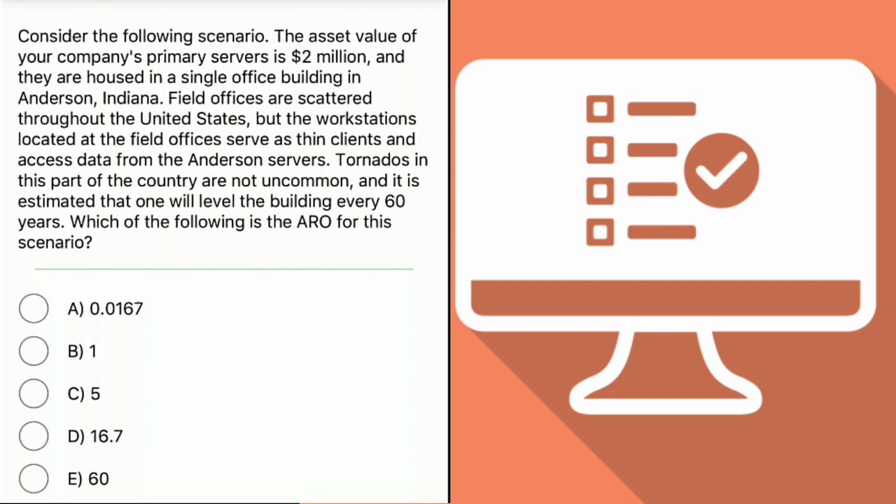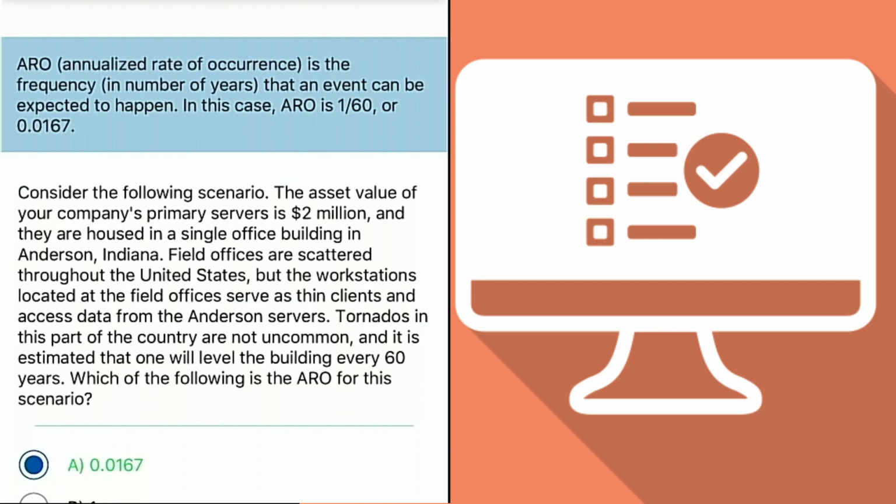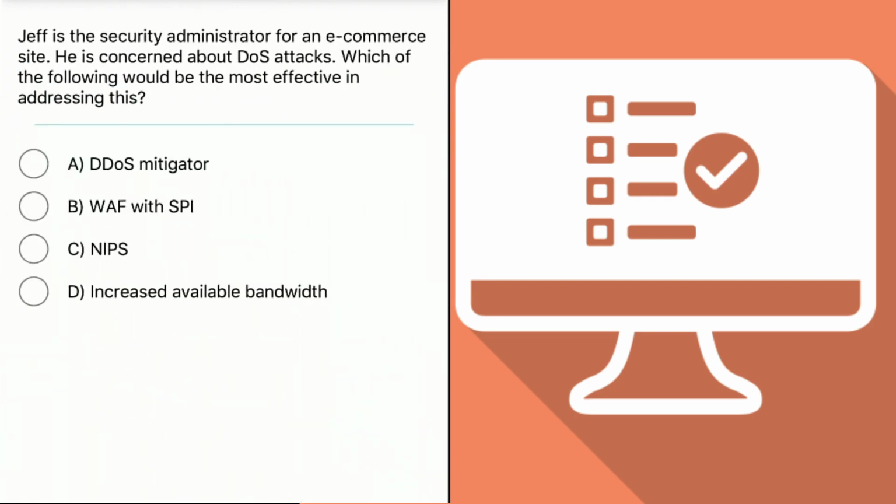Which of the following is the ARO for this scenario? We already got this question. Alright, A, 0.0167, B, 1, C, 5, D, 16.7, E, 60. Of course, we already know the answer is letter A. That's the answer.